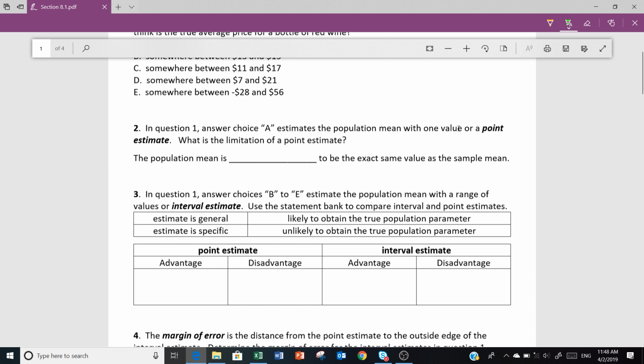Please try to do this without me going over it, because I'm not going to go over it during the quiz. I'll answer questions. You do 21 over the square root of 36 to get 3.5.